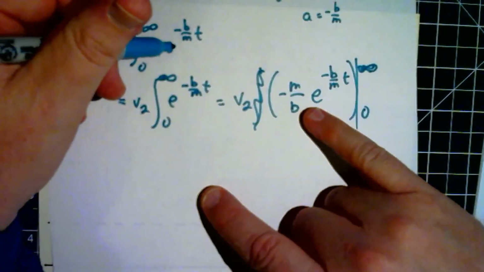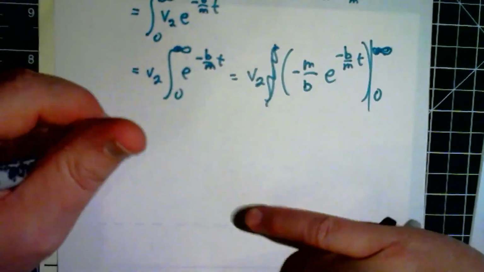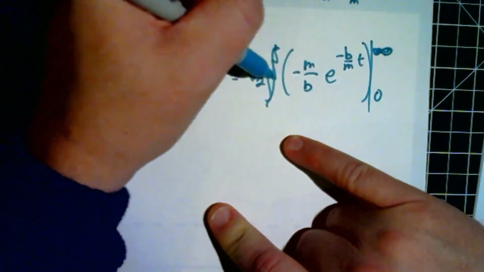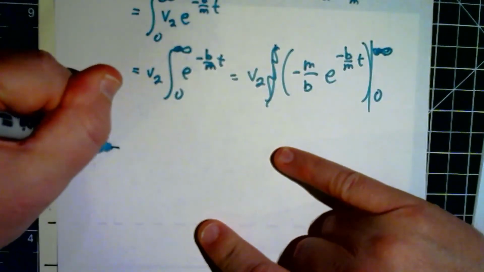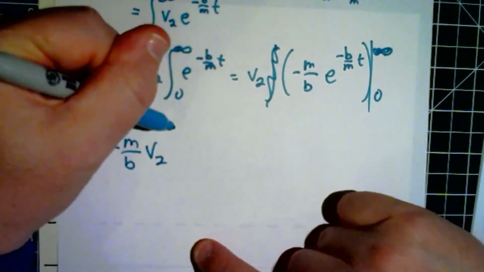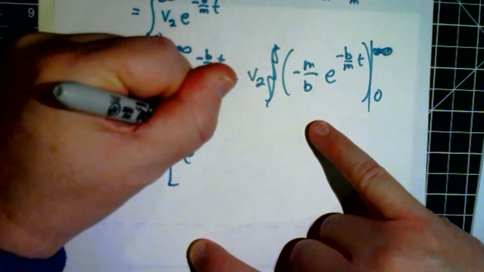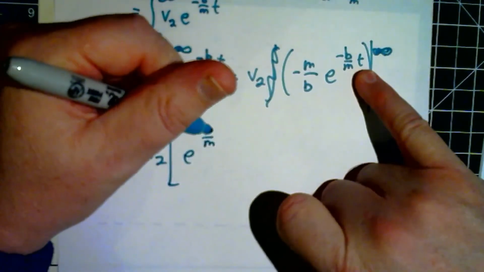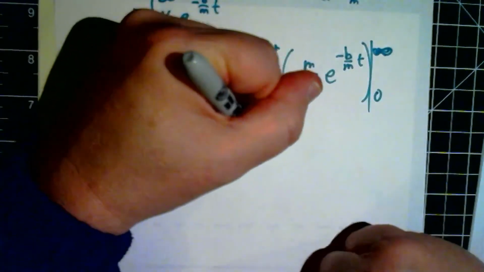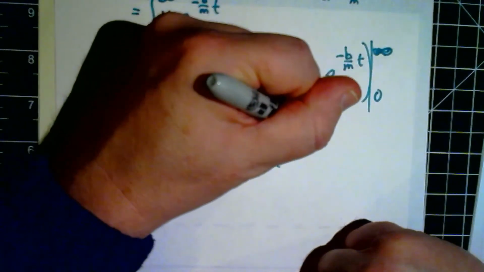Now, you can't just eliminate one of these because exponential functions are kind of weird. I'm going to go ahead and pull out the negative m over b out front. So I'll have negative m over b times v2, and I'm evaluating e to the minus b over m, at this upper limit, to the infinity, minus e to the minus b over m times 0.